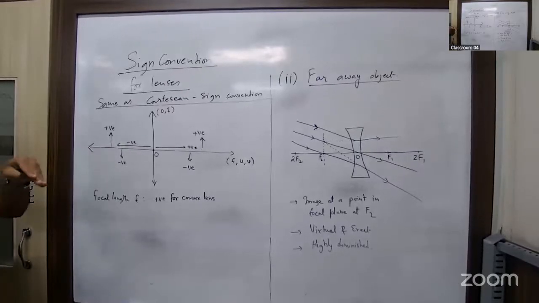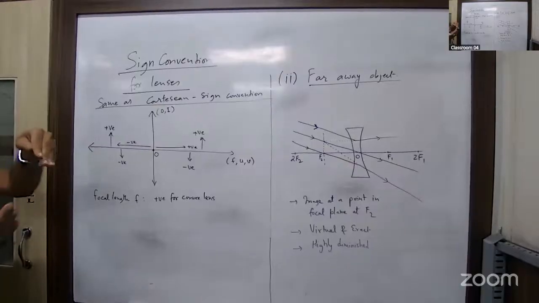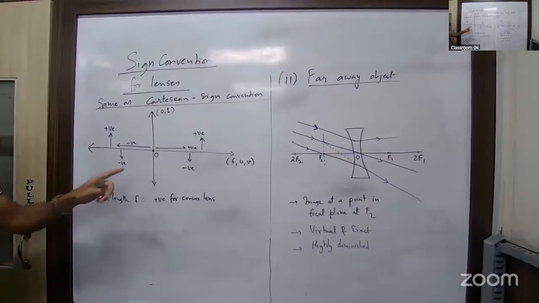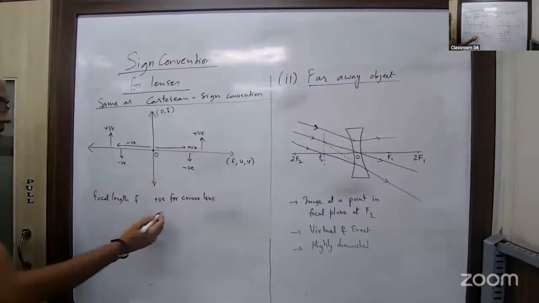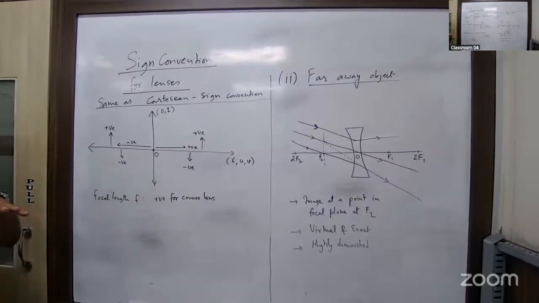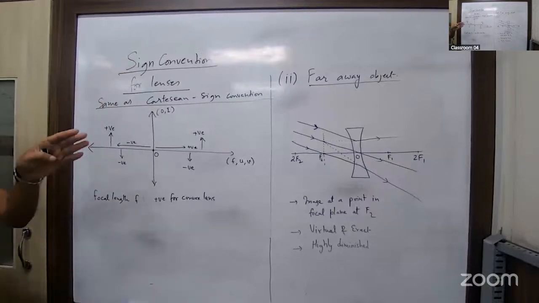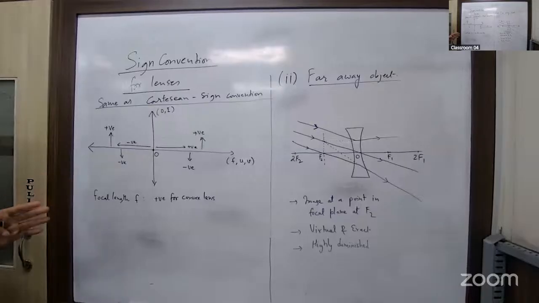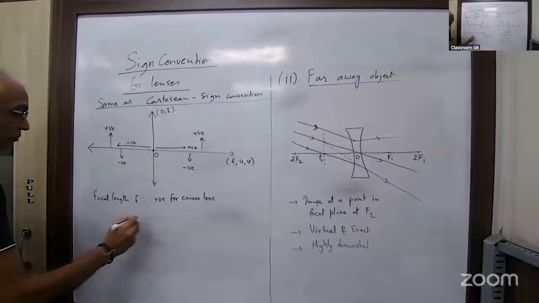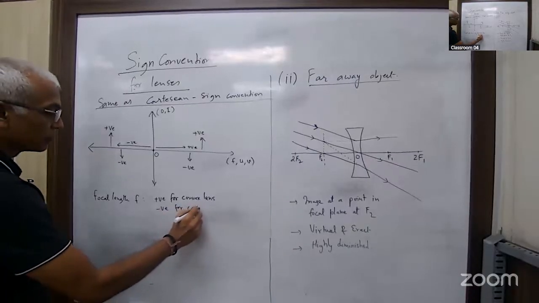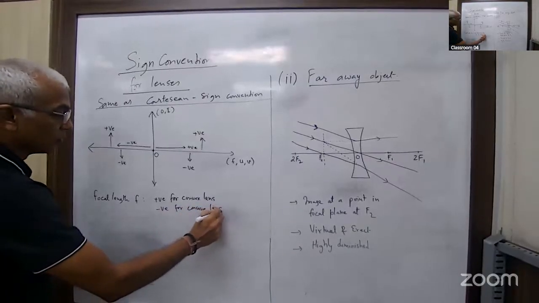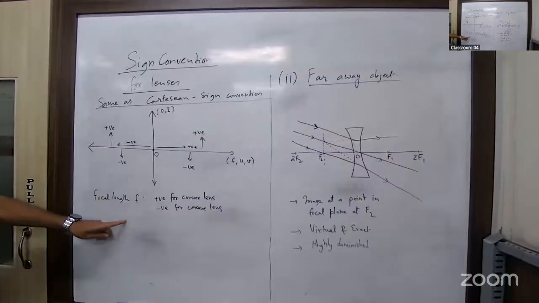Wherever the parallel rays converge. It converges on the right side. And what about concave lens? Wherever the parallel rays meet after extension. So negative for concave lens. Same was the case for convex and concave mirror.